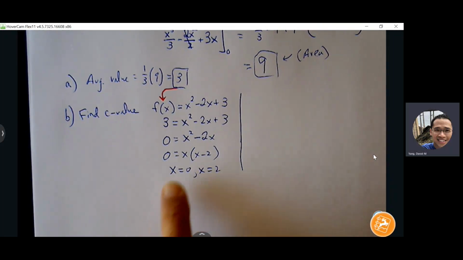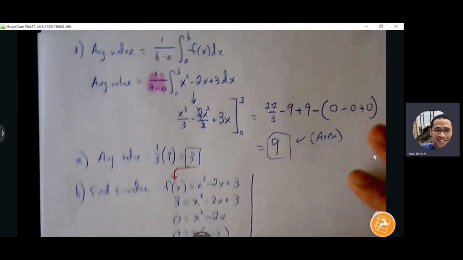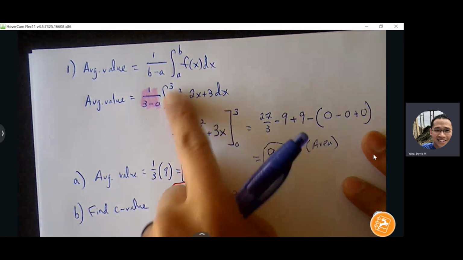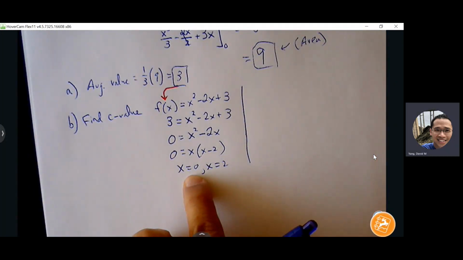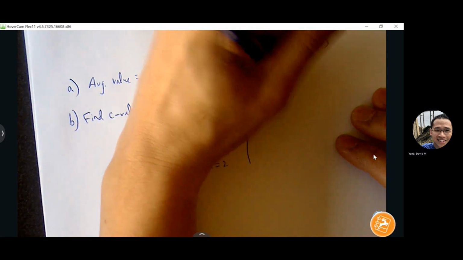With mean value theorem, we cannot involve the endpoints, but with average value theorem, endpoints are okay. My interval is from 0 to 3. 0 does land at the endpoint, but 0 is okay for average value theorem. So we have two c values.